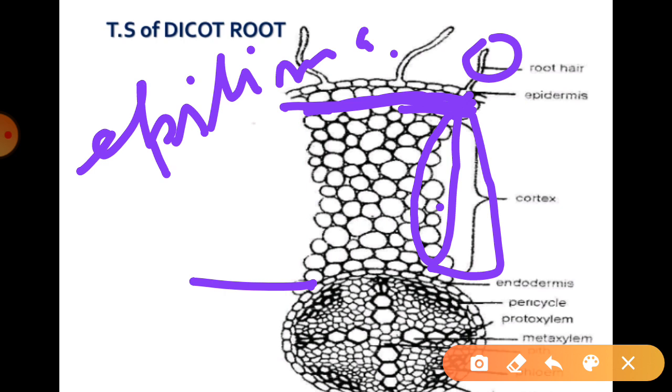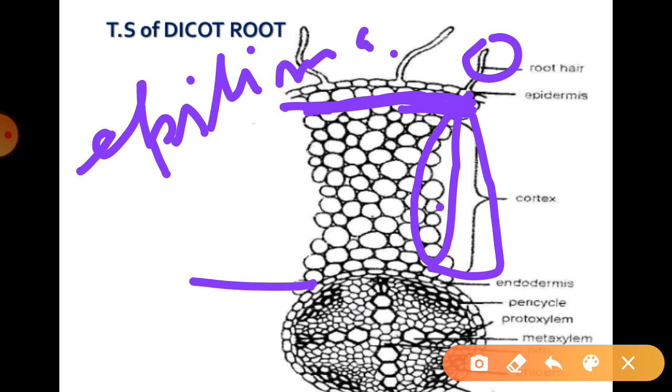So they do not allow wall-to-wall movement of substances directly from the cortex region to the pericycle region.